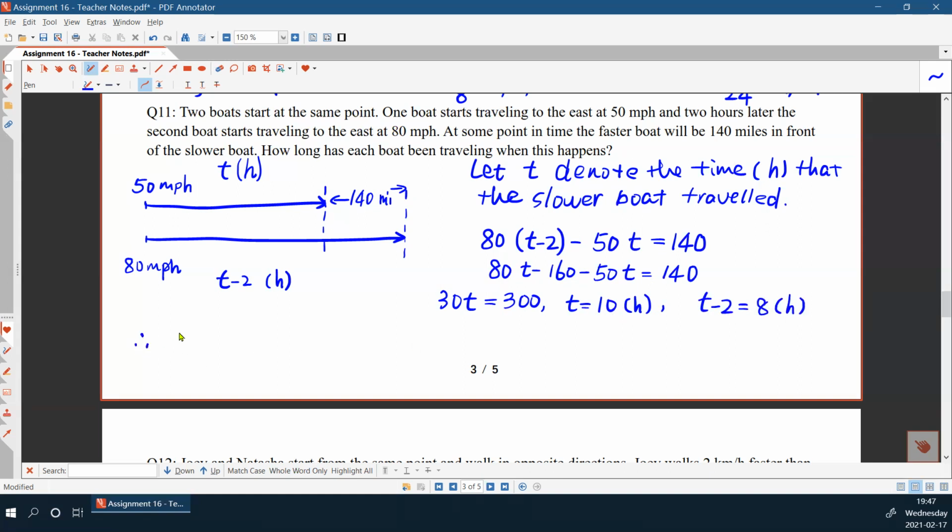So the conclusion is the slower boat traveled 10 hours. Faster boat has traveled 8 hours.